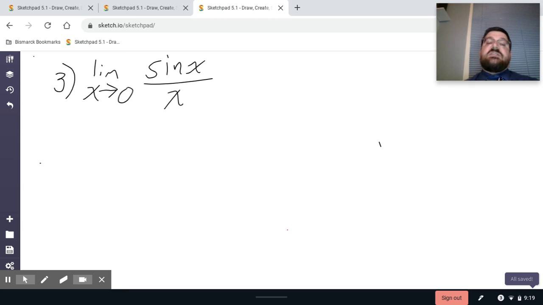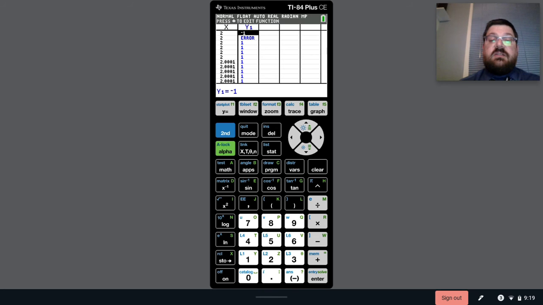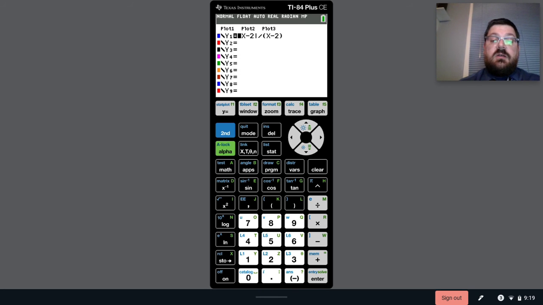That's the limit as x goes to 0 of sine x over x. So we're using a trig function here. You will want to make sure your calculator is set to radian mode whenever you're working with graphs of trig functions. So going to our graphing calculator here, I'm going to clear and I'm going to do sine of x.